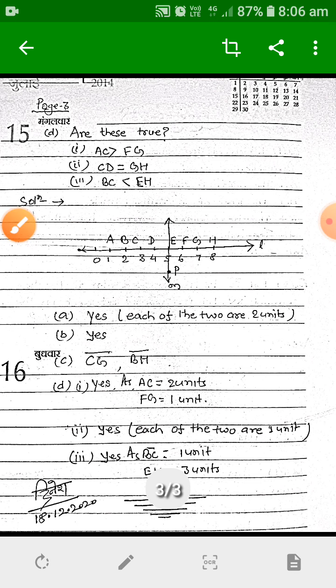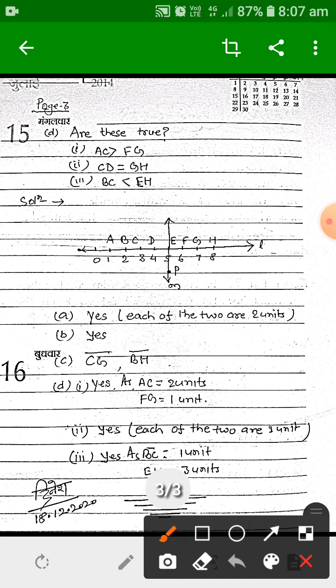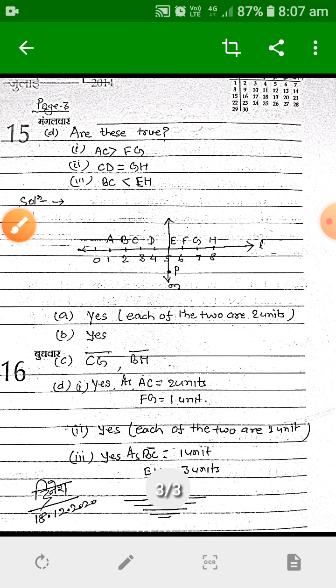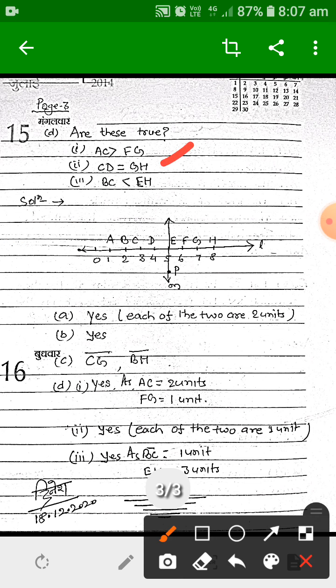Now question number D. Question A, AC is greater than FG. Look at the figure. Where is AC? AC is this and it is equal to 2 units. And GH is here, which is equal to 1 unit.